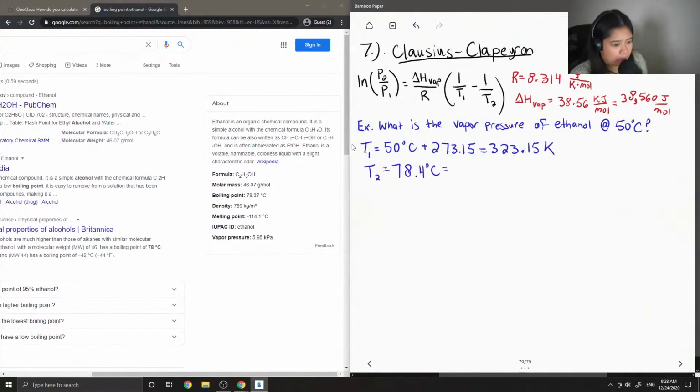And we also want to convert this to Kelvin, which is 351.55 Kelvin.